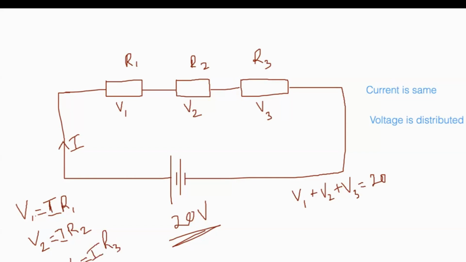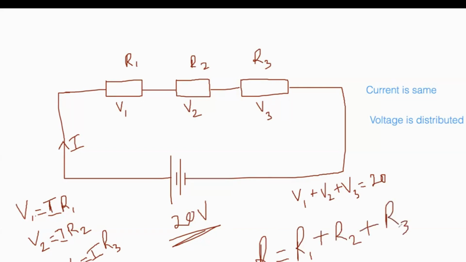Till here, are you following? Okay, are you following till here? Now we say that the total resistance in series is nothing but R1 plus R2 plus R3.